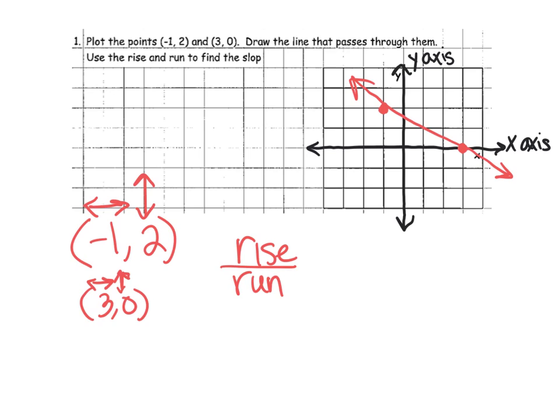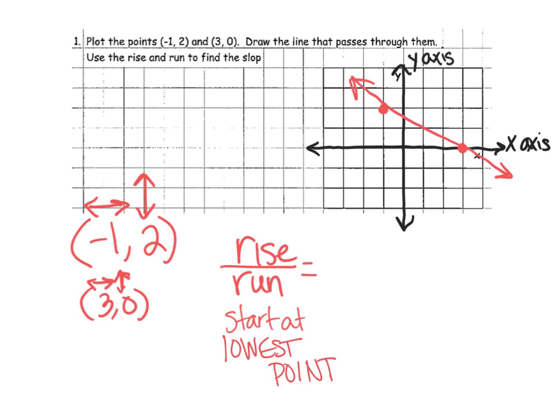Rise over run. I have a couple of tips. For rise and run, the first thing I want you to do is start at the lowest point. Okay?